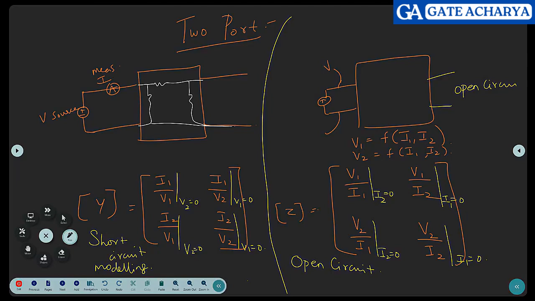How do you make V2 0? Short circuit. So what are the impedances here? Now if I give 1 volt here, what is the current?